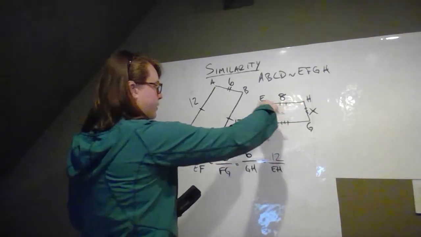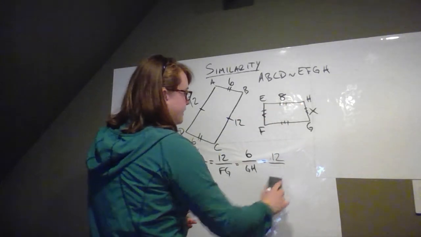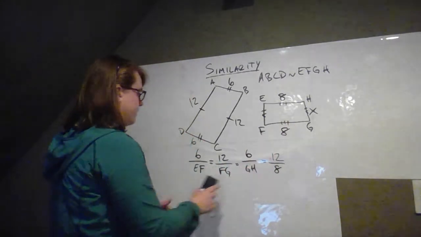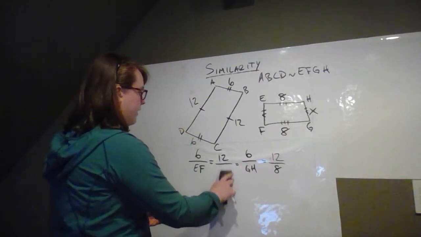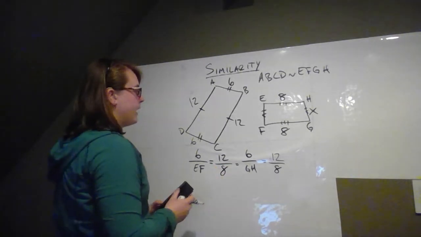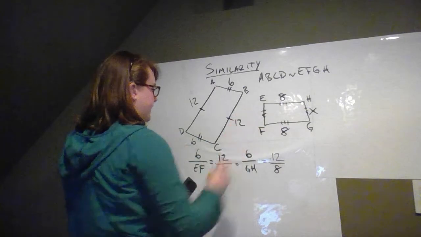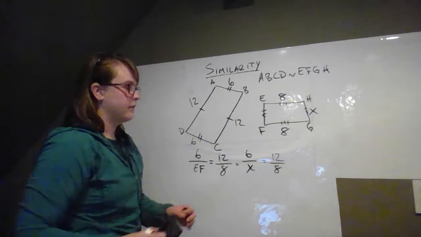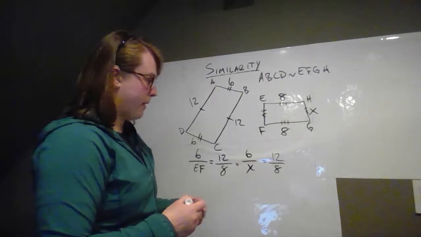And then for this one, I know that EH is 8. I know that FG is also 8. And I don't know what GH and EF are, so I'm just going to make GH an X, like it says right over there. Okay.